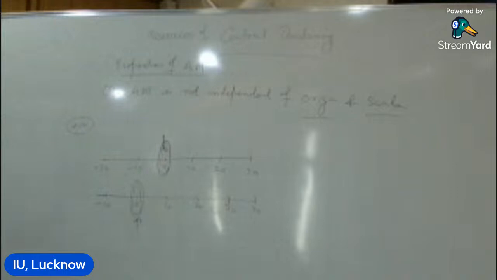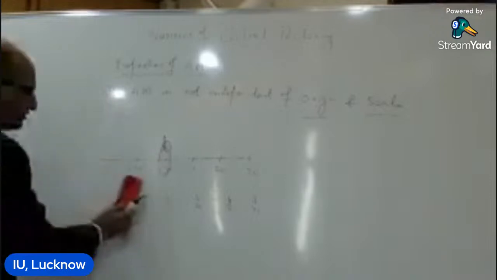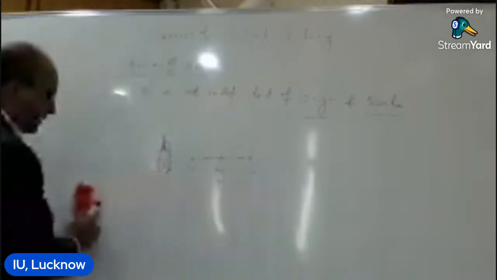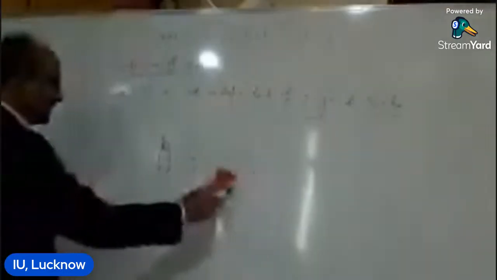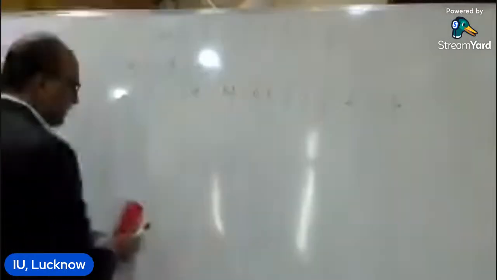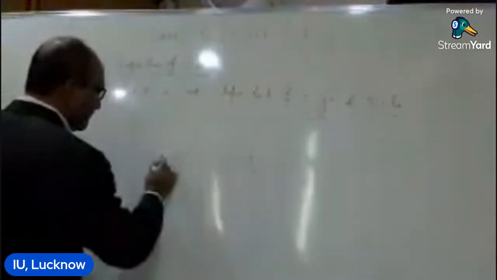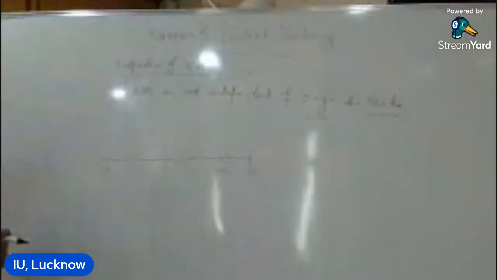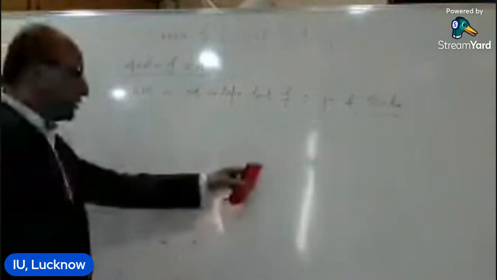Similarly, if we divide or multiply by a constant, suppose again take the original observations. This is our original observation, in which this is 0, and on the right-hand side 10, 20, 30 and on the left-hand side minus 10 and minus 20.